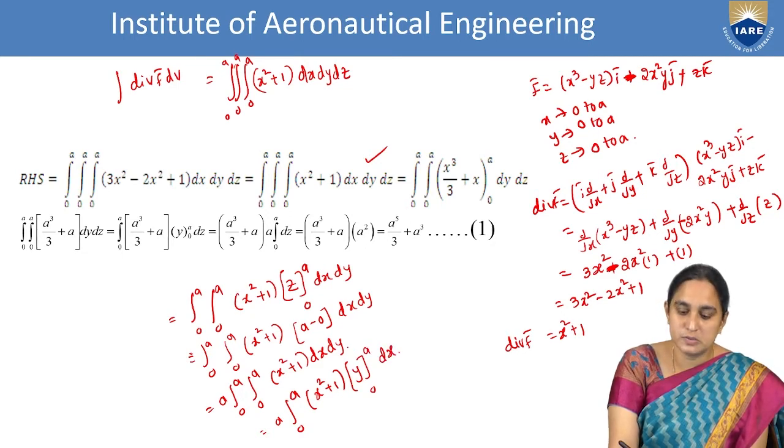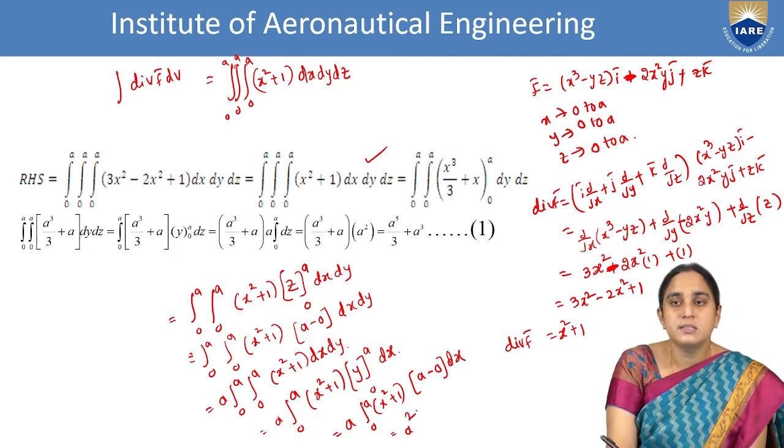That is equal to a into integral 0 to a, x square plus 1, y upper point as a and the lower point as 0, into dx. Here a I'll take outside, a into a square, and the last integration is with respect to x.